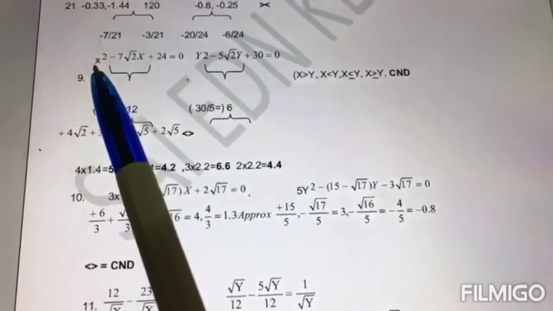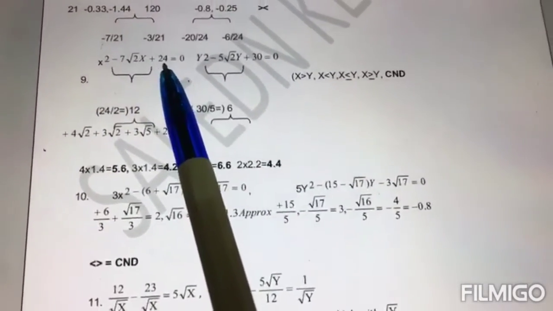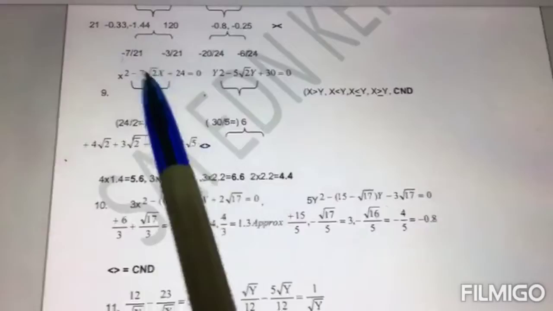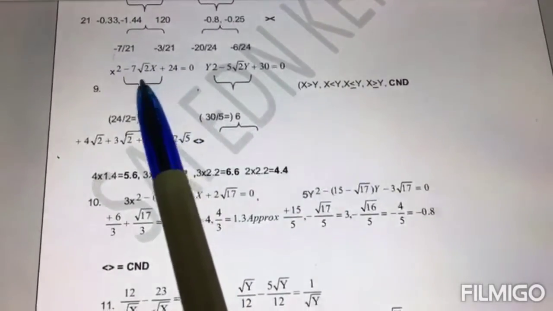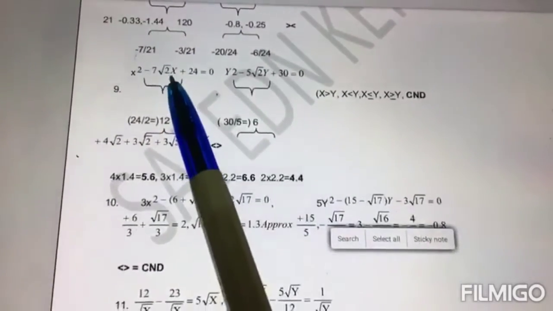First, find the product of the coefficient of the square term and the term without the variable. Find the factors of that such that the addition or the subtraction of the factors gives this term, right? And at the same time, simplify it, remove it from brackets, and then you'll get your solution. But when you can't do it, then you can't find the solution.